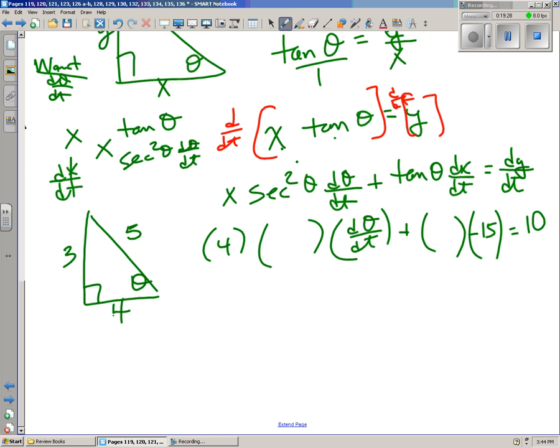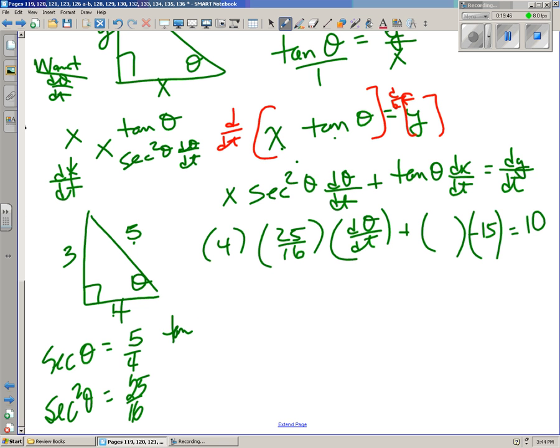So cosine would be 4 over 5, so secant theta would be the reciprocal of that, which is 5 over 4. Thus, secant squared theta is 25 over 16. That can go right there. Tan theta is opposite over adjacent, which is 3 over 4. That can go right there.